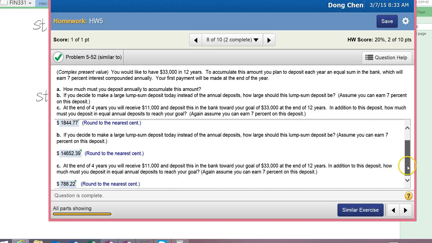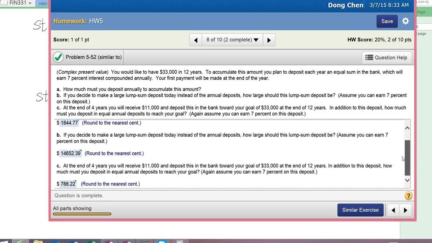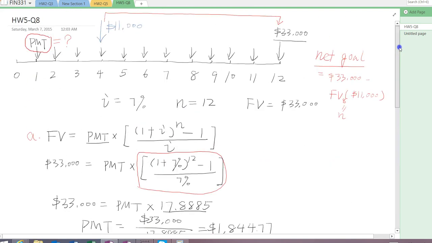I hope that by using question number 8 in homework 5 as an example, I have helped you better understand how to solve relatively complex questions involving the time value of money. The trick here is, as I repeatedly said, you cannot subtract or add cash flows which occur in different time periods.